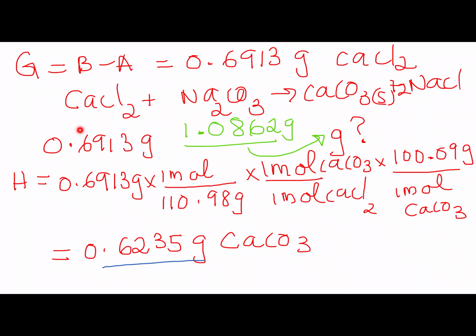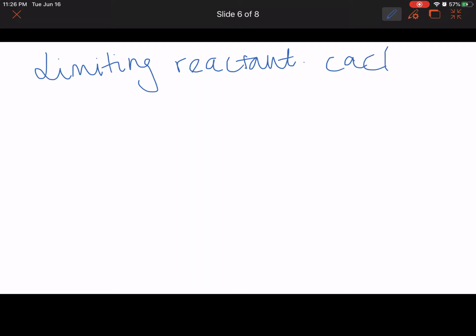By using 0.6913 grams of calcium chloride. So which one is going to be the limiting reactant? It is calcium chloride, right? So the limiting reactant, the one that gave the lowest yield, is calcium chloride in this data.